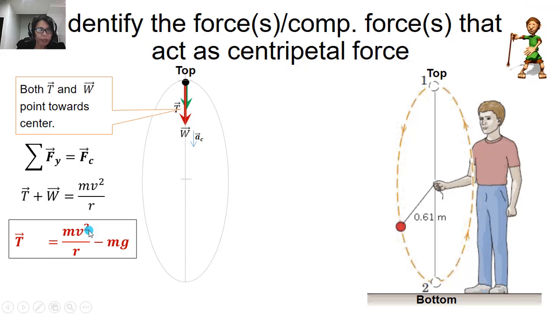Rearranging, normally we would like to know the tension of the string at the top of the circle. So the tension at the top of the circle will be mv squared over r minus mg. The mg is the weight. Then we might also consider what happens at the bottom of the circle. At the bottom of the circle, along the string we have tension, and straight downward we have weight.